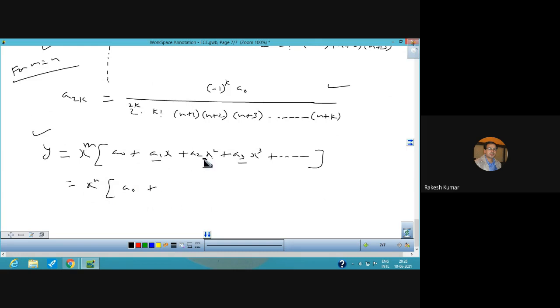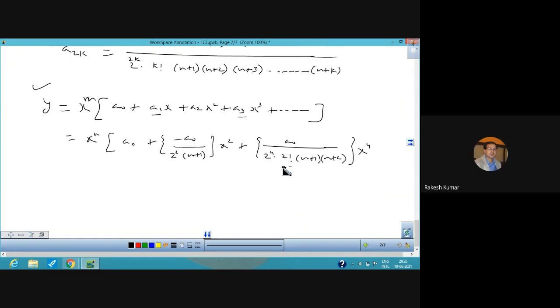So put the value of a2, and your a2 was negative a naught over 2 square into n plus 1, into x square, plus the next constant will be a4, and your value will be a naught. This was your positive value, 2 raised to power 4 into 2 factorial into n plus 1, n plus 2, and x raised to power 4.